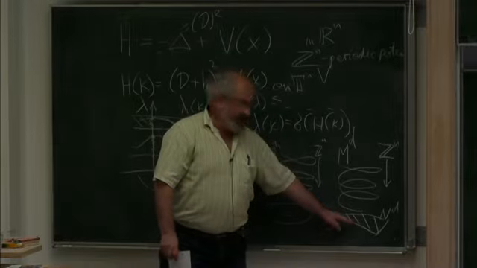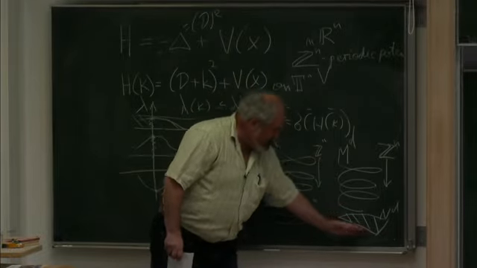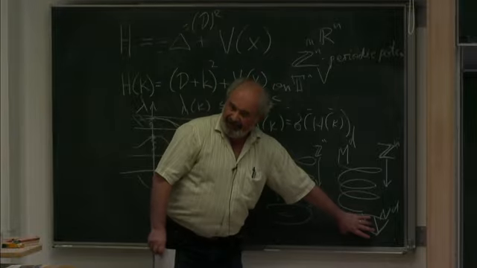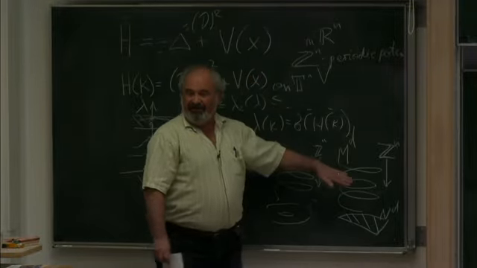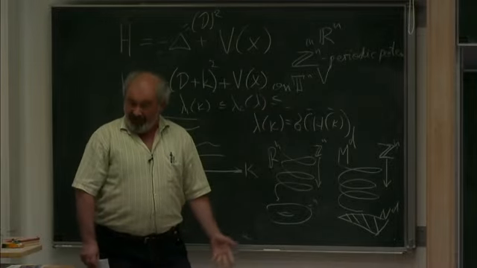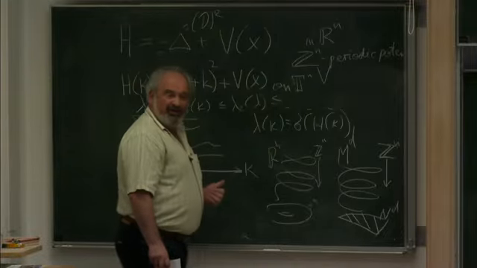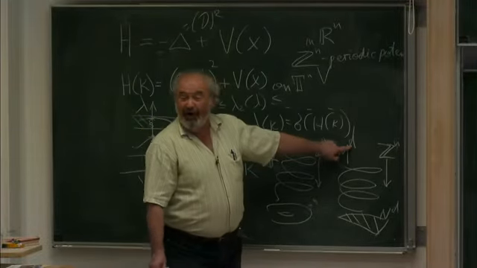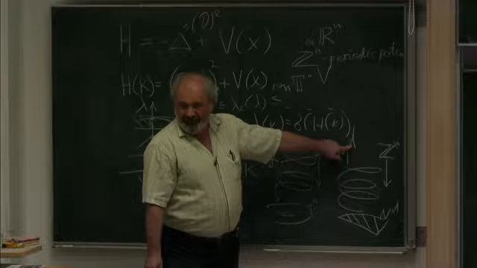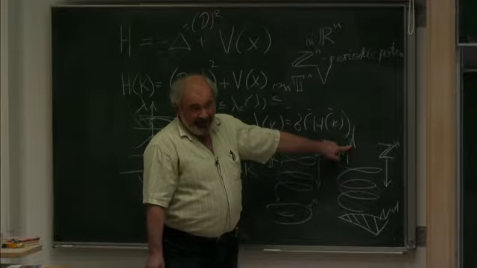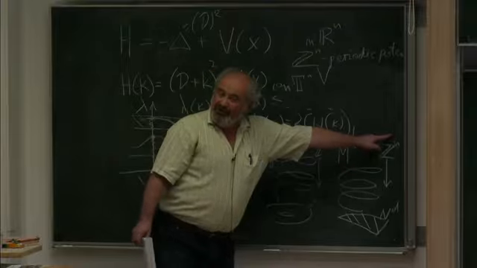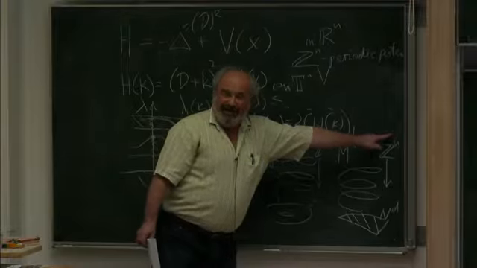Or the other way around, you can have a 1,000-dimensional manifold with a covering which is a Z3 covering. And as we will see, many of the threshold properties don't actually know about the dimension of your manifold. It will only know about the rank of the group.